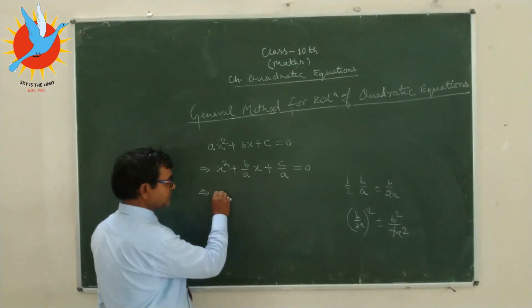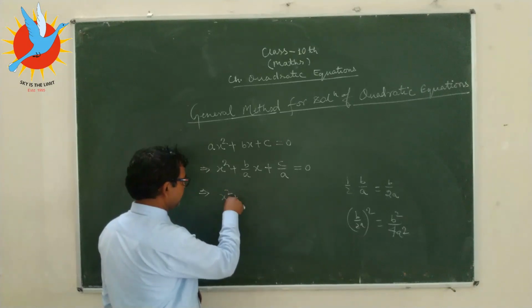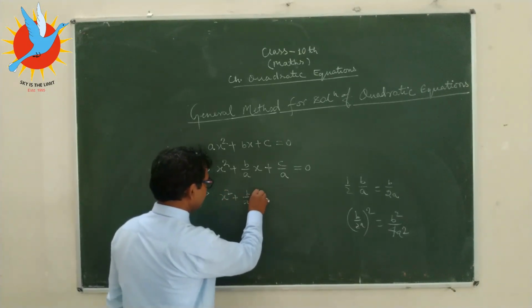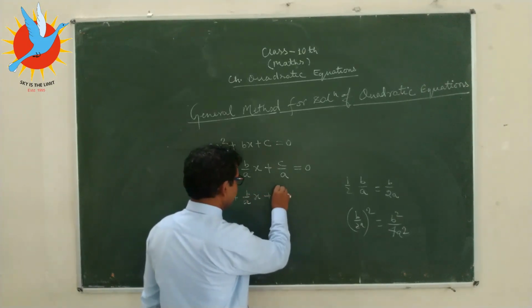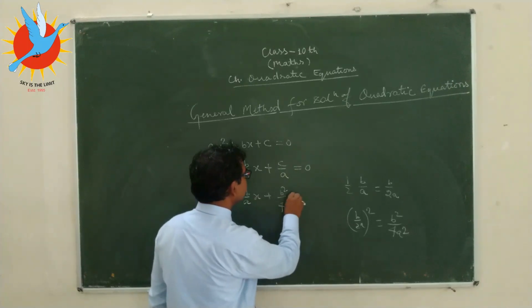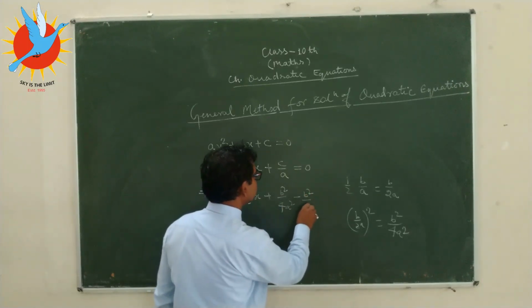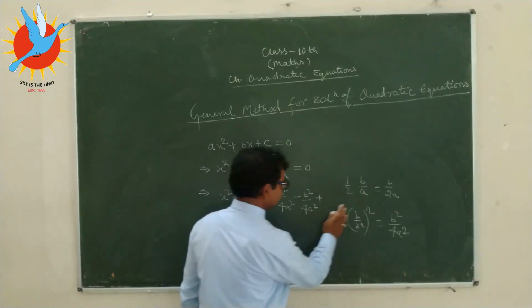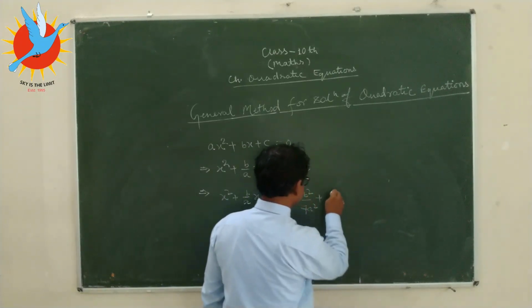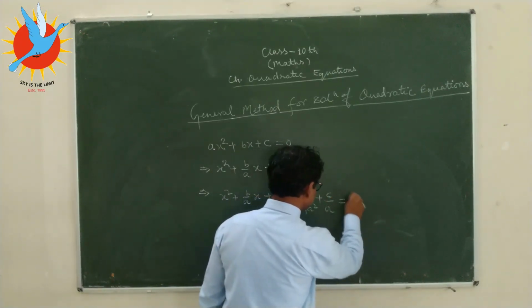Now this will become x square plus b by a into x plus b square by 4a square minus b square by 4a square plus c by a equal to 0.